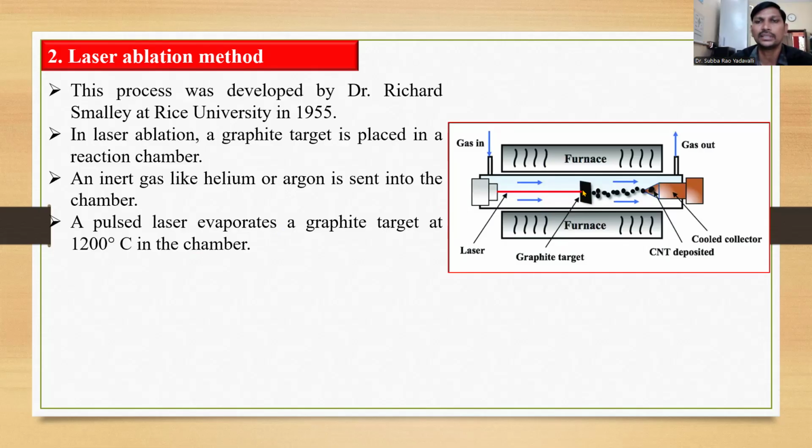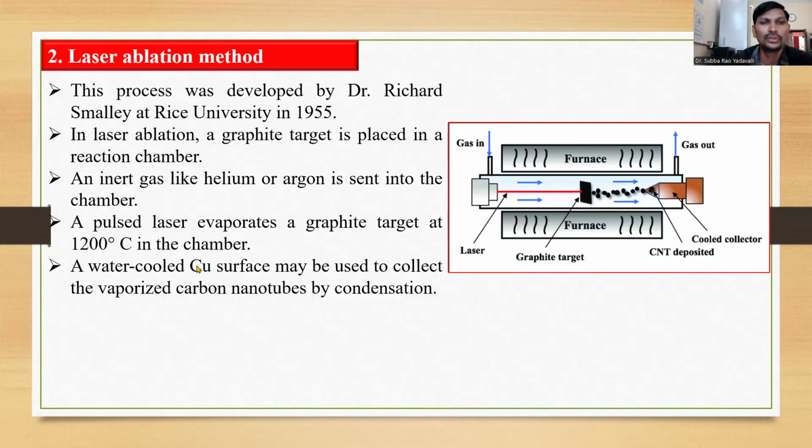At high temperatures, the atoms present on the graphite target will be ejected from the lattice. That means whenever the high intensity laser beam is incident on the graphite target, the particles in the graphite target will be ejected from the crystal lattice, and they will have high temperature, and they will deposit on the collector.